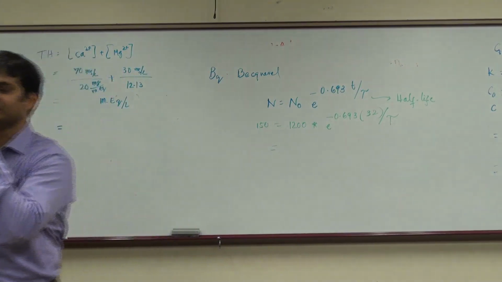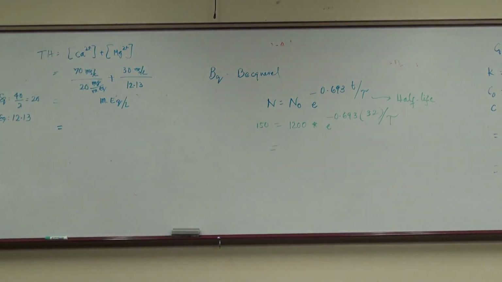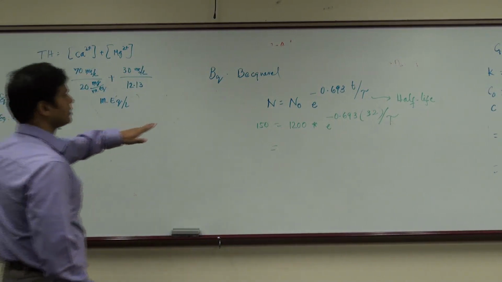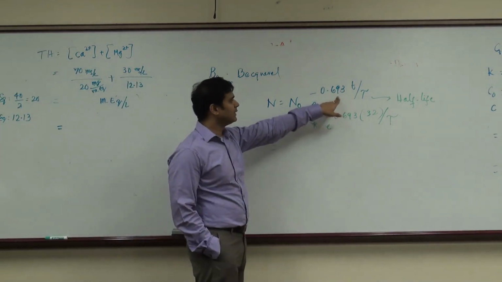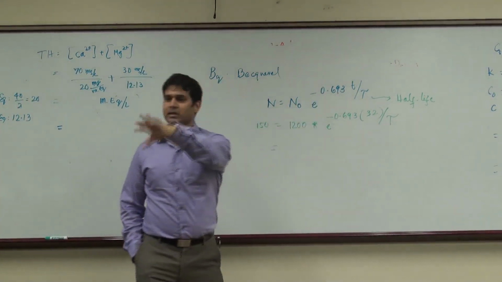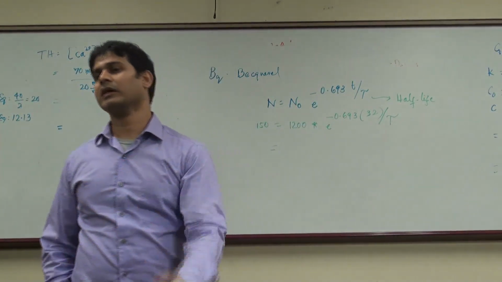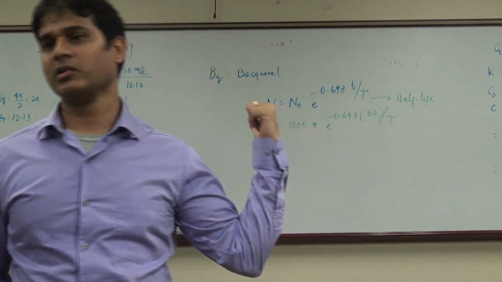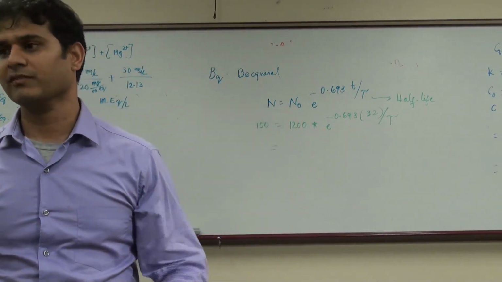So, why do we just assume that this is a first order reaction? In this case, it represents a first order reaction, but it is not necessarily first order. This formula is derived from that kind of relation, first order, it's assumed.